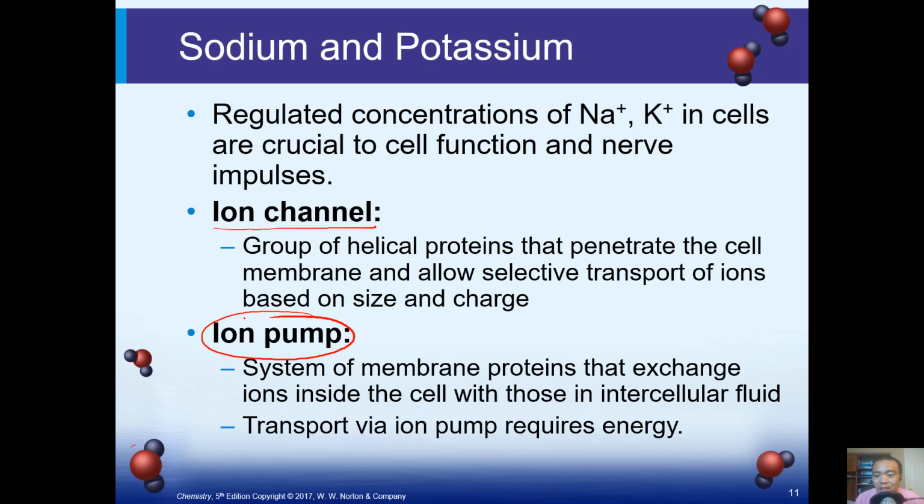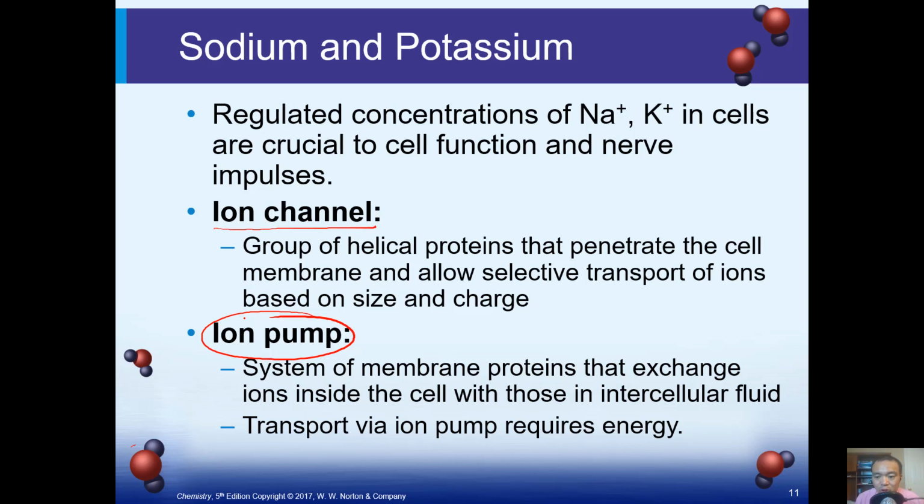The ion pump is responsible for proper nerve function. Stimulation of nerve cells causes sodium ion, Na+, to flow into the cells and potassium to flow out via the ion channels. This two-way flow of ions produces the nerve impulse.